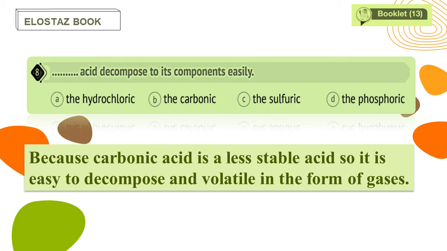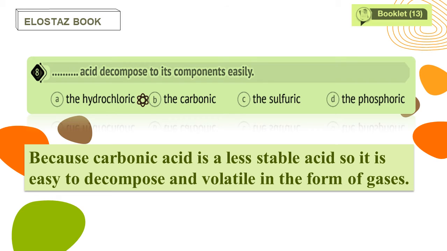Carbonic acid will be the less stable acid as it is easy to decompose into its components and it will be volatile in the form of gases. Okay, this is the right answer, but we have very strong acids: hydrochloric acid, depending on the radical Cl negative, a strong anion; sulfuric acid, also with the sulfate group SO4; and phosphoric acid, PO4 negative 3.